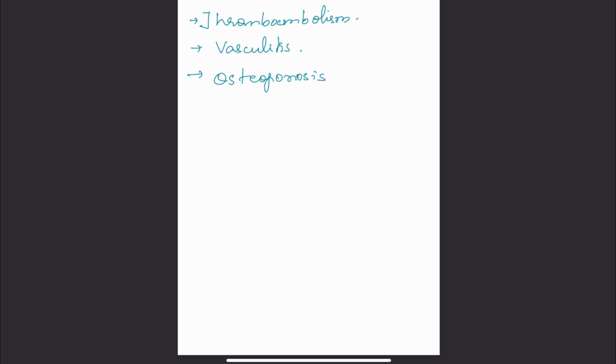So in Crohn's disease there are increased chances anyway, but in ulcerative colitis it usually happens after usage of steroids. Osteoporosis is, as you all know, the weakening of bones due to calcium deficiencies. And also there will be vitamin deficiencies.